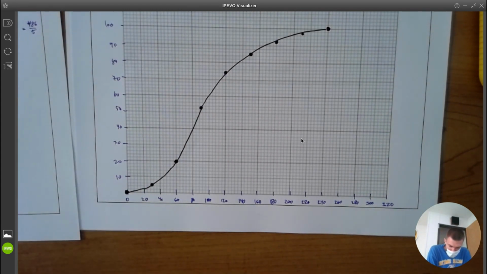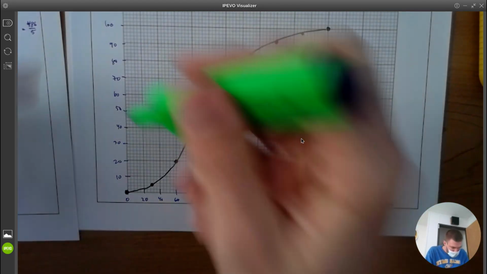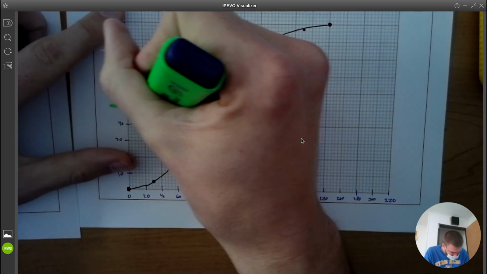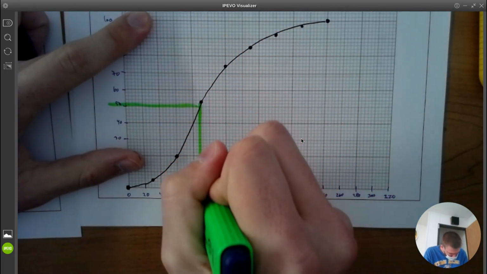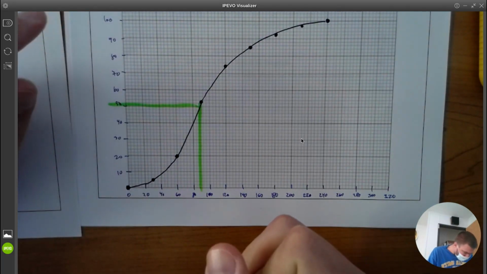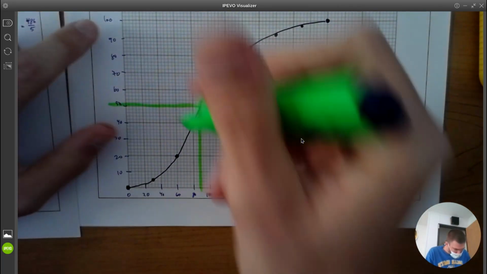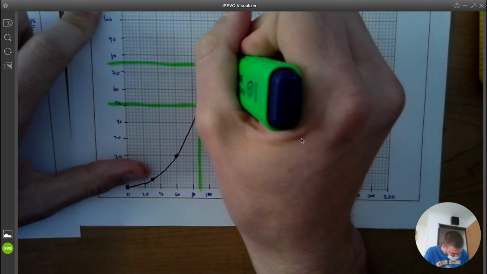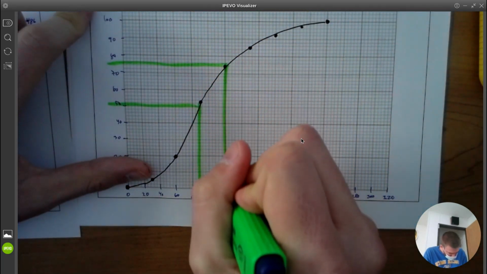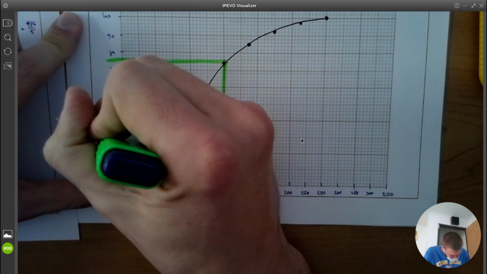Use the cumulative frequency graph to find estimates for the median and the lower and upper quartiles. Median would be 50. Upper quartile would be 75. Lower quartile would be 25.